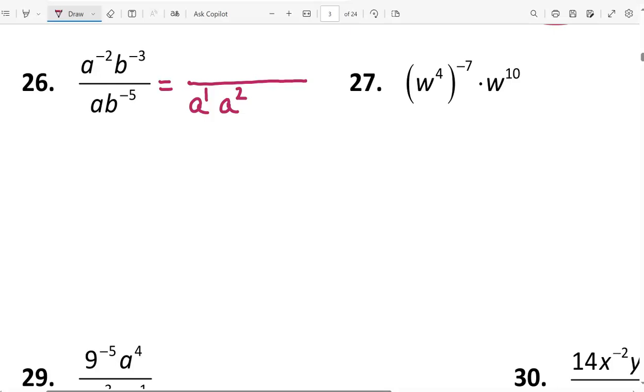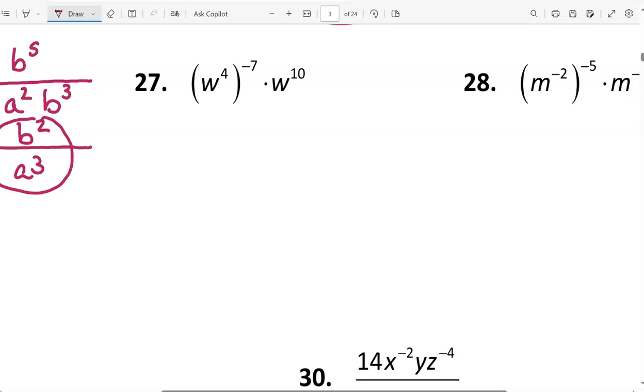The b to the negative 3 in the numerator can move to the denominator to become a factor of b to the positive 3. And b to the negative 5 can become a b to the 5 in the numerator. And now we can cancel common factors. That'll leave us with a b squared in the numerator and an a cubed in the denominator.